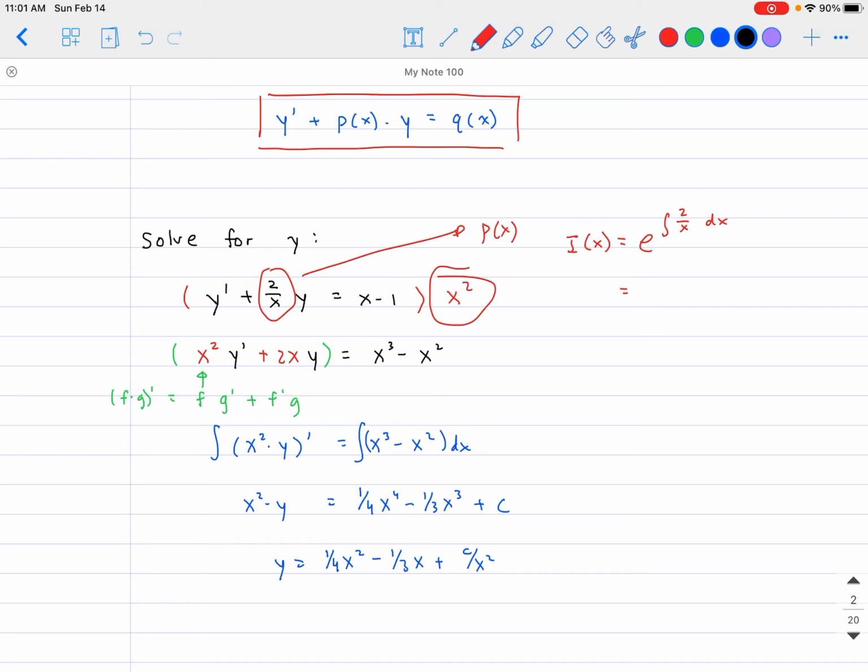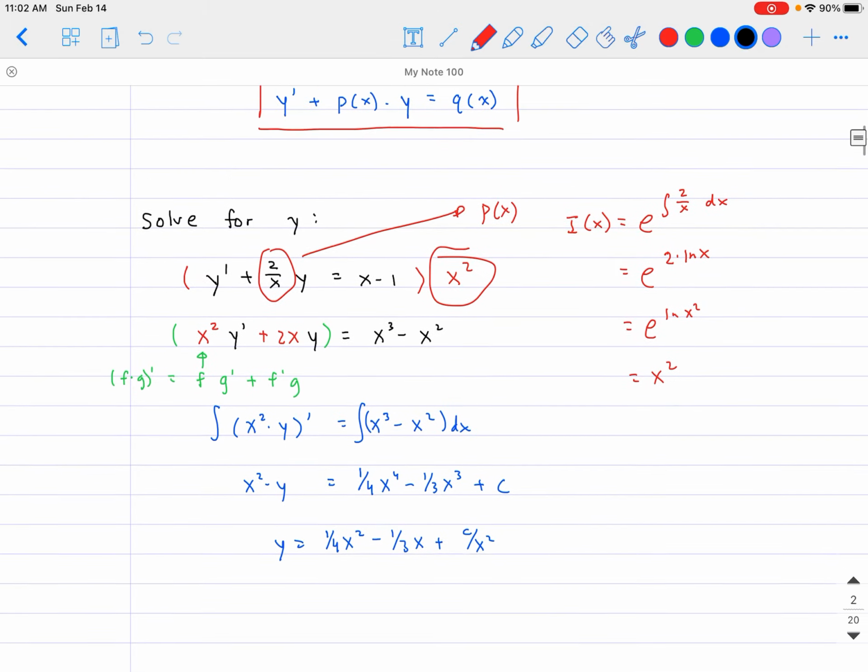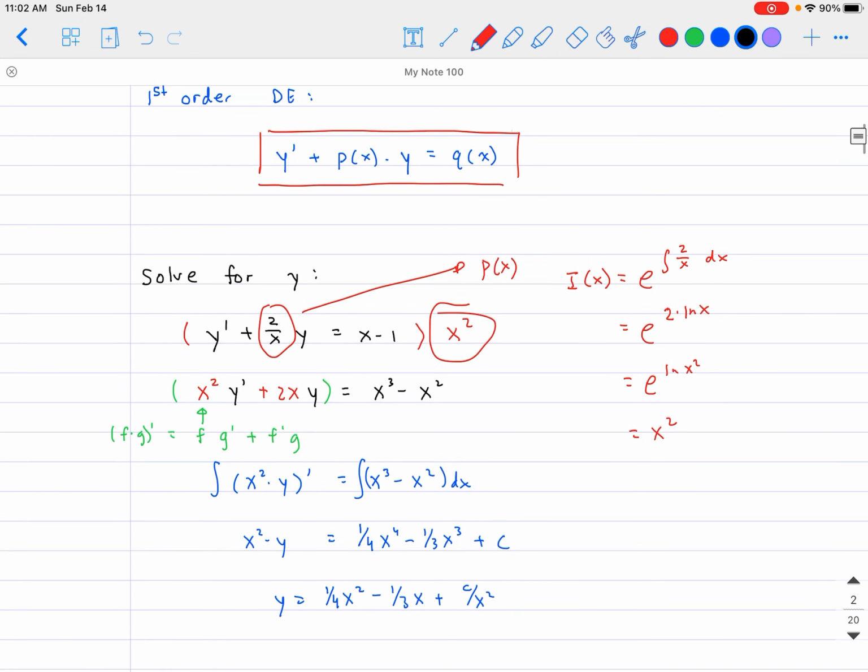If I clean that up, that's e to the 2 ln of x, and then that 2 I can bring inside, so e to the ln of x squared, and there is your x squared that I pulled out of thin air to multiply to both sides. So that's how we find that integrating factor. We always look at this part right here, and our integrating factor, I of x, is going to be e to the integral of p of x dx.